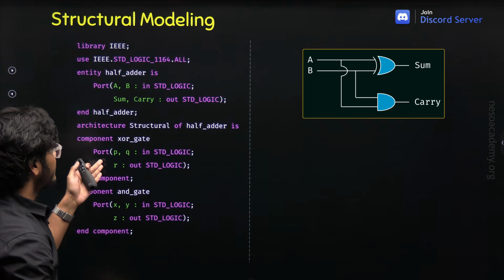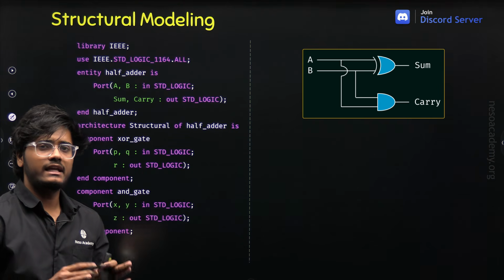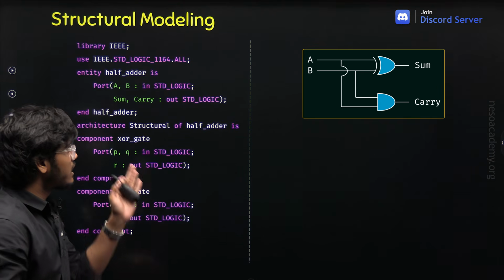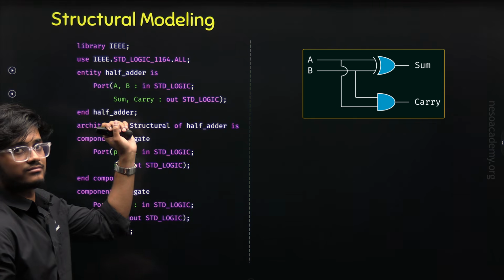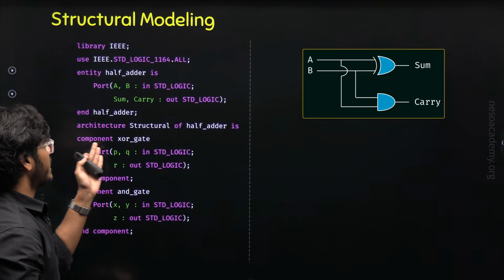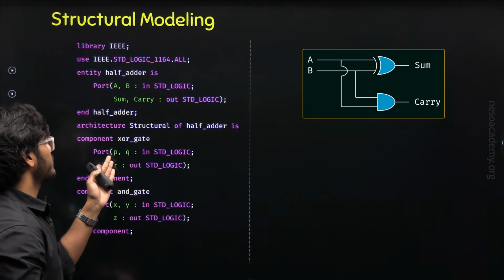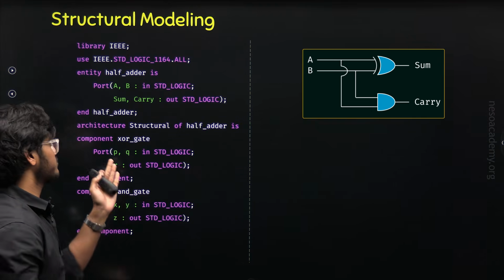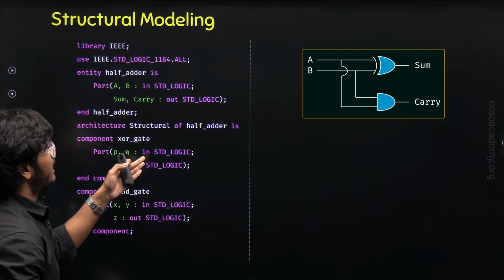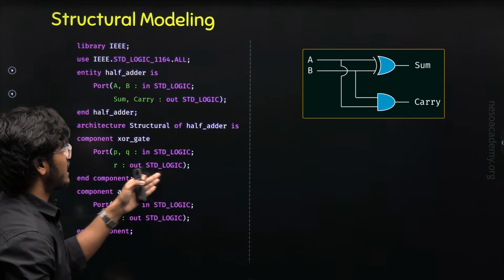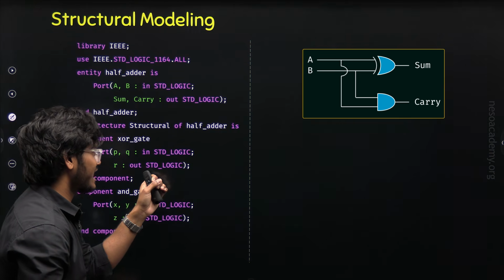The keyword component tells Vivado that there exists a component named XOR_gate. Inside the component, we will declare the input-output ports of the component that we want to use for the structure. So, for the XOR gate component, here we are taking both the inputs P and Q and one output R. Both inputs and outputs are of standard logic data type.